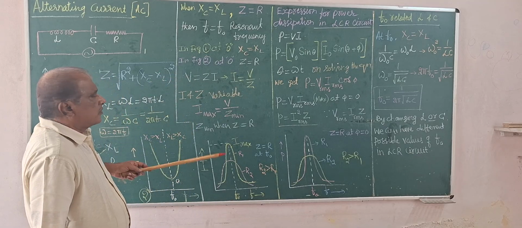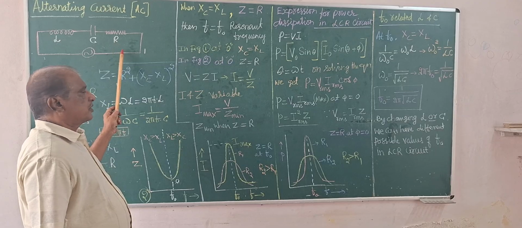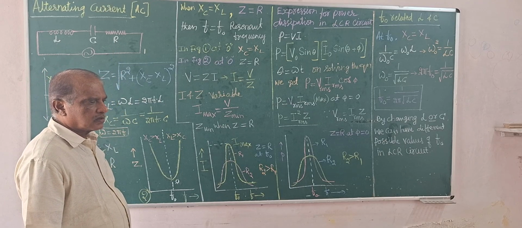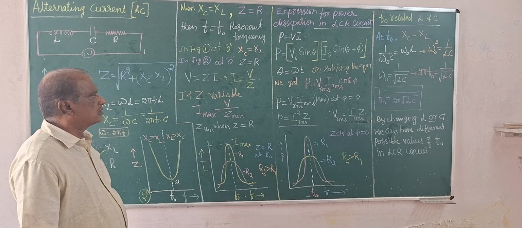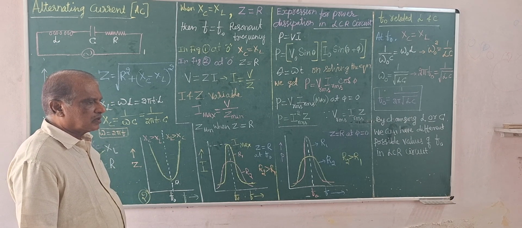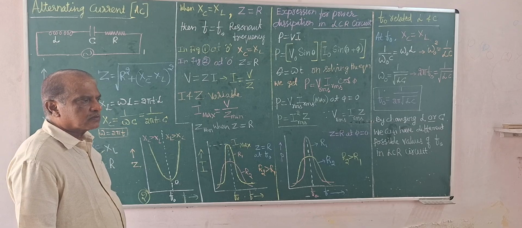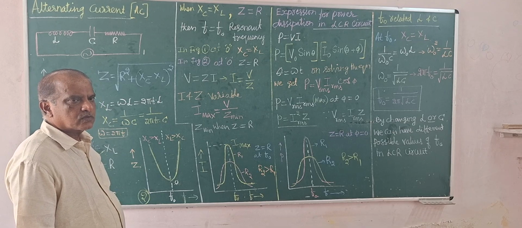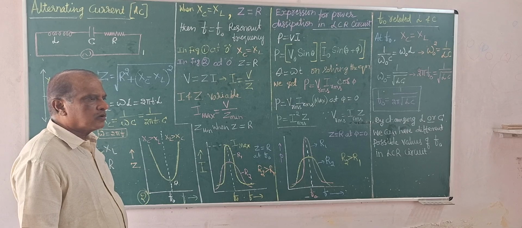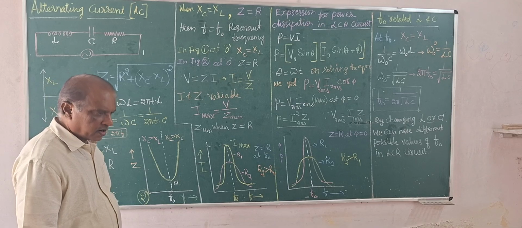If the maximum power is dissipated in the circuit, what does it mean? What is power dissipation? Power dissipation is actually the power used up in the circuit. Whatever power is used up will go as a useful form of work.